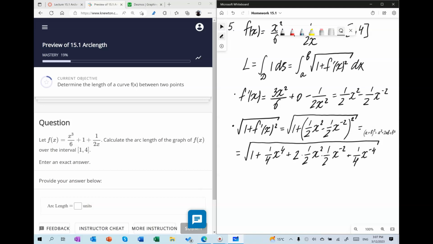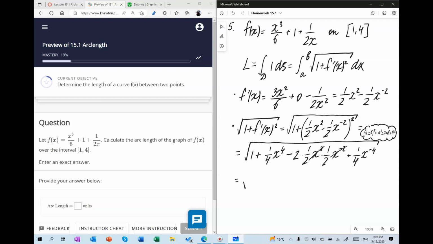I guess I can put it as a thought bubble. And now this simplifies. This is gone. It's just 1. We have 2 times 1/2 is 1. And I have actually made a mistake here. When there is a minus here, there is a minus here. So this should be minus.